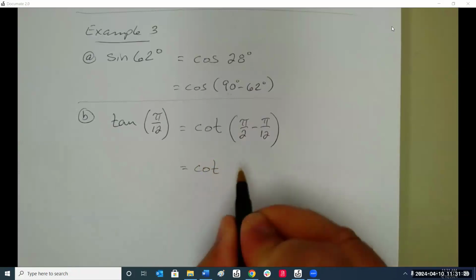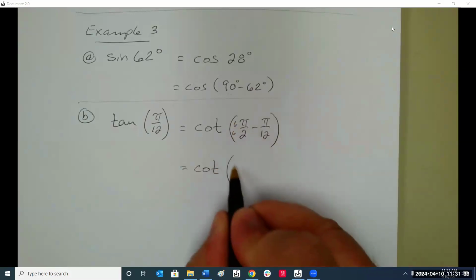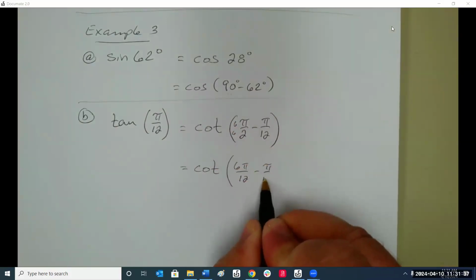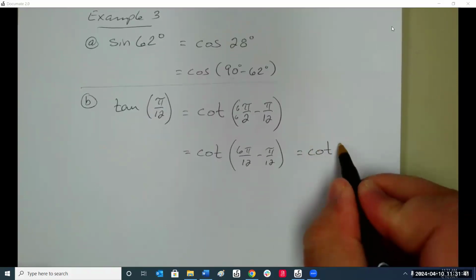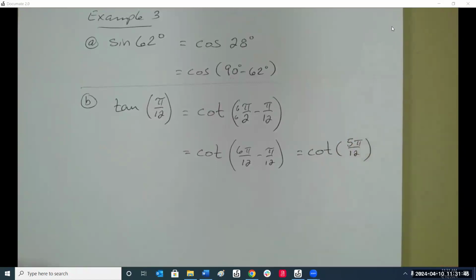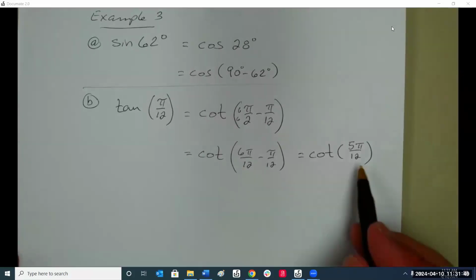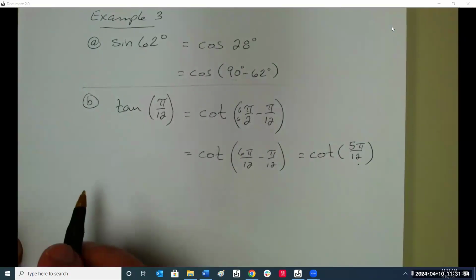Get a common denominator, so it's 6 pi over 12 minus pi over 12, which makes it 5 pi over 12. So that's the complementary angle to that one, or the cofunction also.